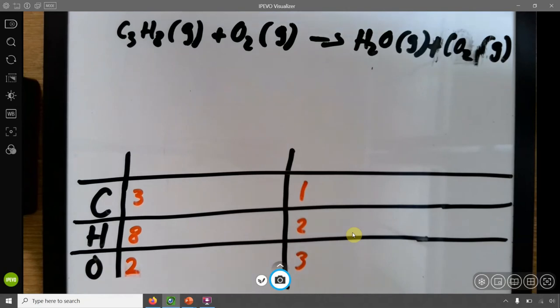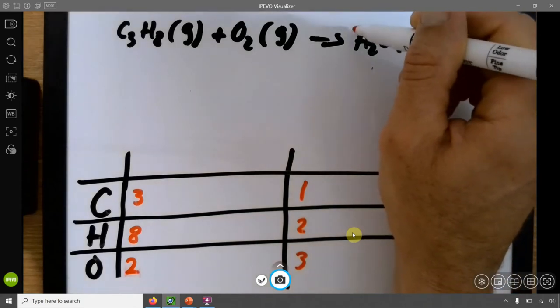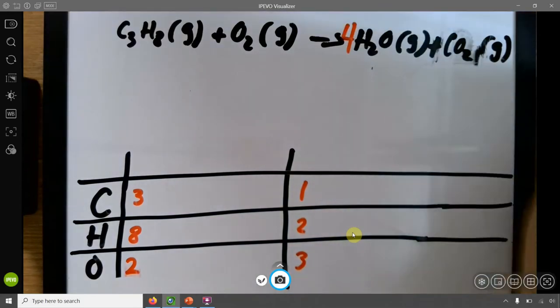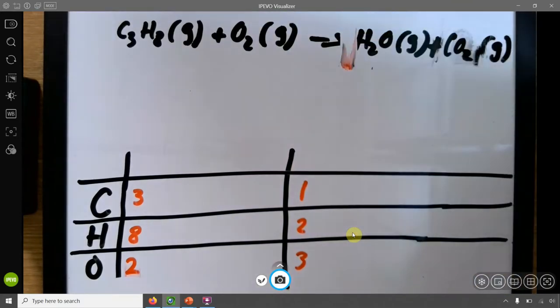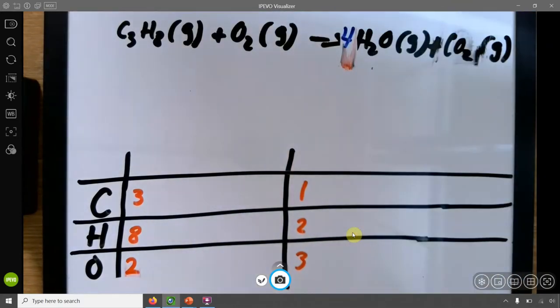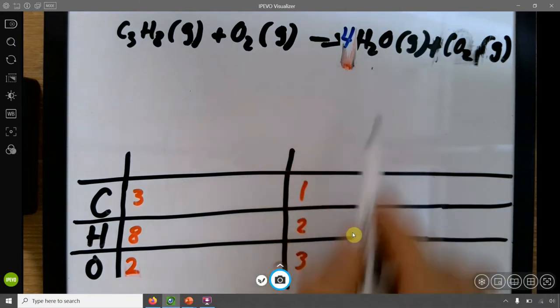So in order for me to do that, like I said, I'm going to just pick something and go with it. So I notice that my hydrogens are imbalanced. I have 8 on the left and 2 on the right. Fine. So I will put a 4 here. Okay, if I put a 4 right there, you know what, I'll do it in blue. If I put a 4 over here, okay, now I have 8 hydrogens.